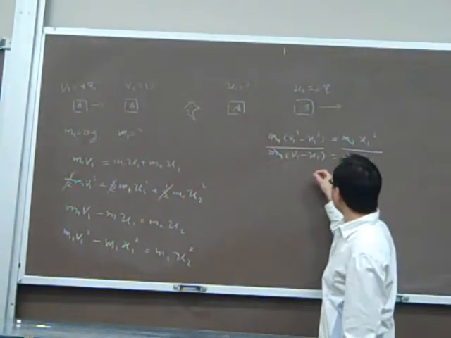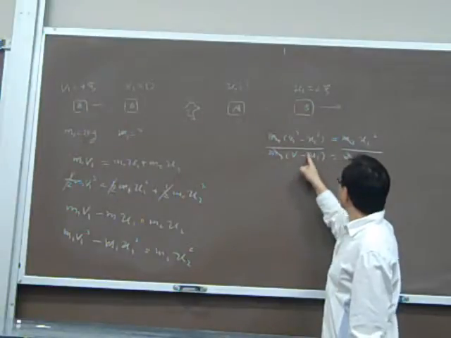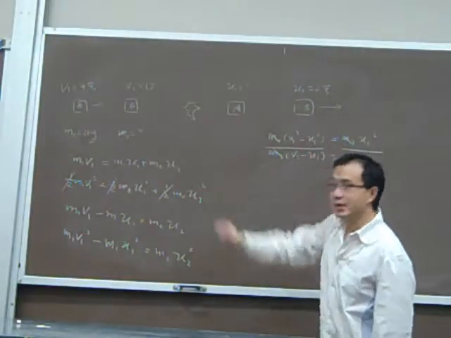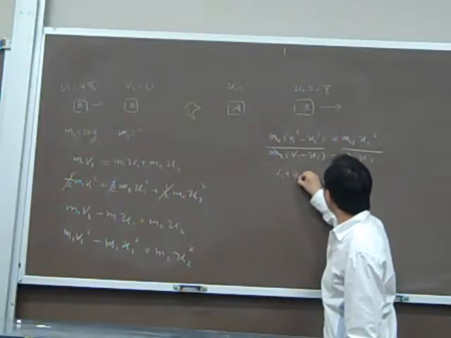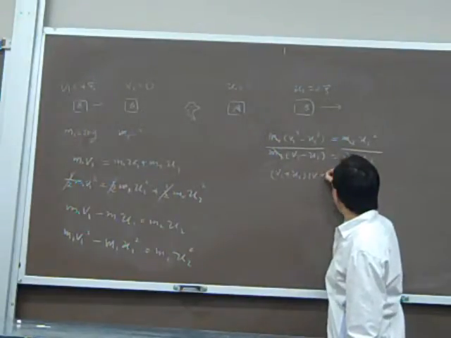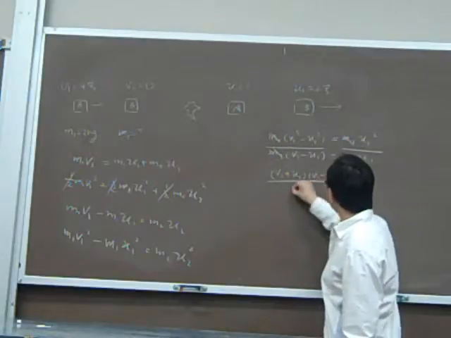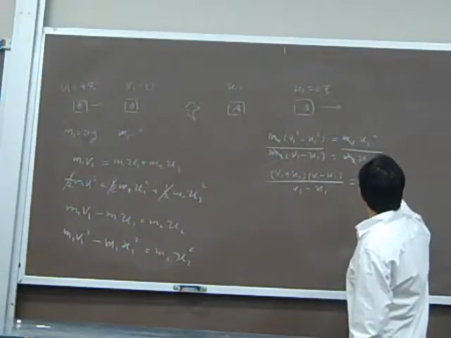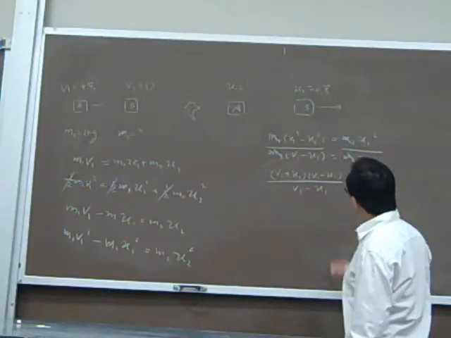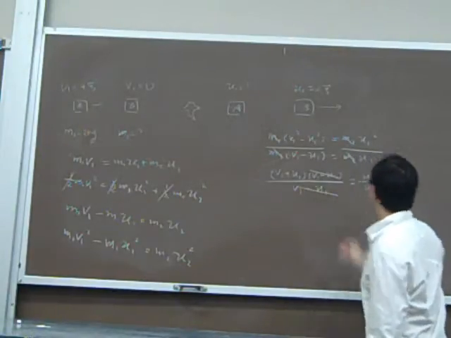And again, for this, you can apply that mathematical identity. So it becomes (V1 plus U1)(V1 minus U1) divided by (V1 minus U1) equals U2 squared divided by U2. So in this case, this cancels this.